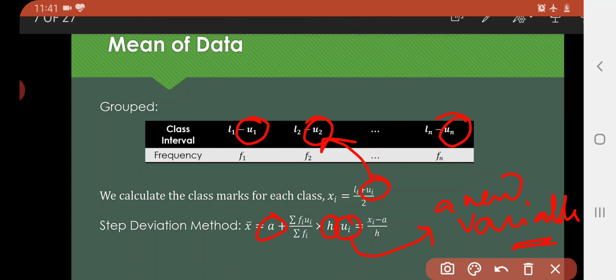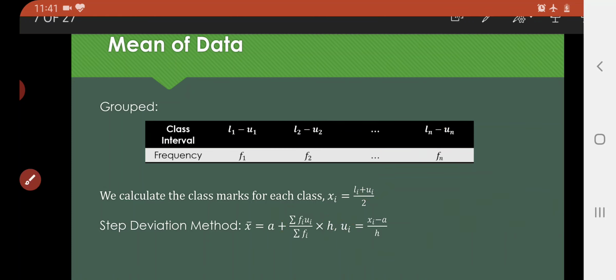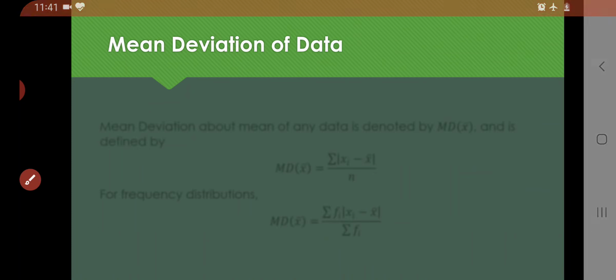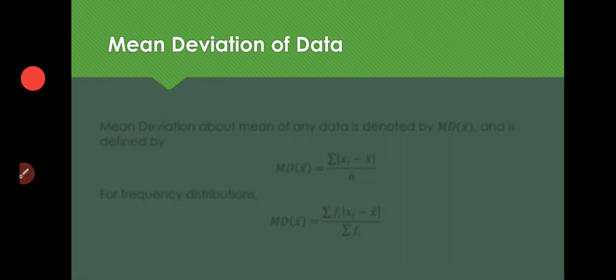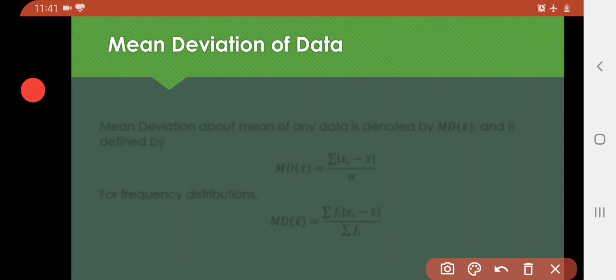Now let us move to the main topic, which is what we have in class 11, that is mean deviation of data. Before we go into the idea or the formula of mean deviation, let us understand what mean deviation actually gives you. Say for example, you have the data x1, x2, up till xn, and you find the mean of all these data, that is x bar.